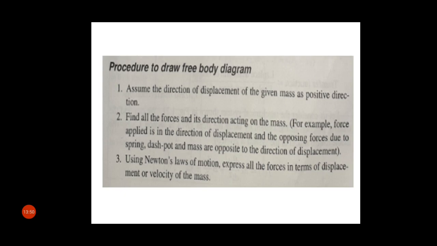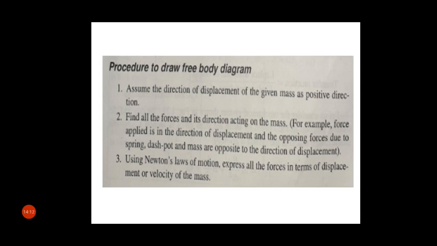So what is the procedure to draw a free body diagram? The first step is to assume the direction of displacement of the given mass as the positive direction. Next, find all the forces and their directions acting on the mass.